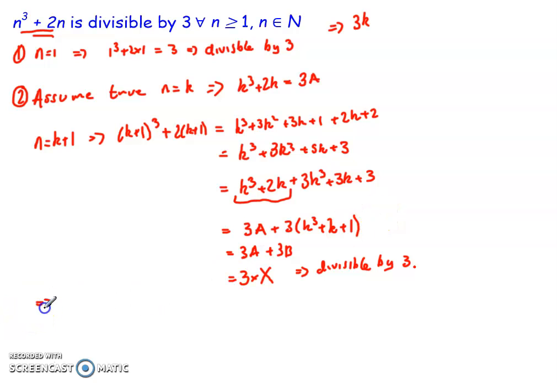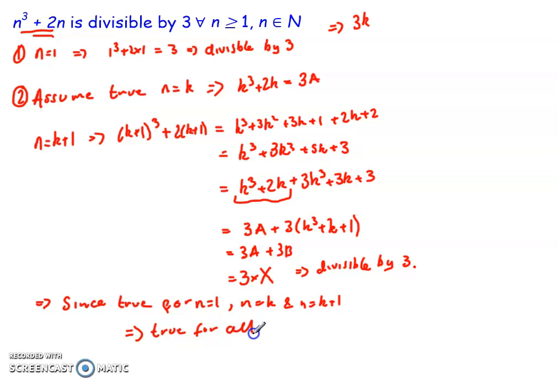So what I can then say is therefore, since it's true for n equals 1, n equals k and n equals k plus 1, that has the implication that it's true for all n which belong to this set of natural numbers. So we've just followed the same steps as we normally would with our proof by induction. First, assume, show for the next, communicate our solution.